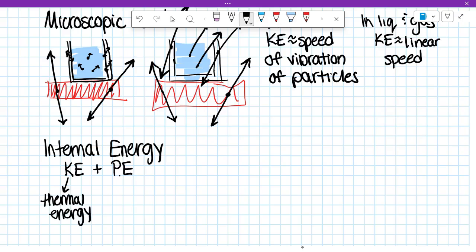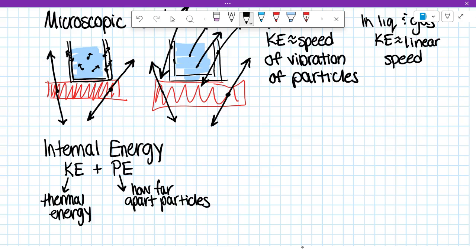And we kind of mentioned this before, but the potential energy has to do with how far apart the particles, or molecules, are within the object, right? So we talked about how liquids and gases are going to have more potential energy, specifically gases having the most potential energy, because in a gas, there's no specific volume, so the particles can spread out very far, having a lot of potential energy.